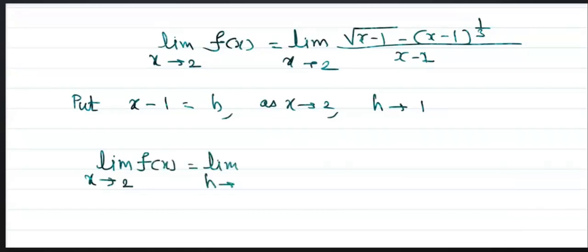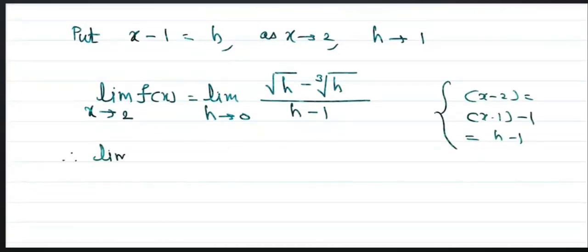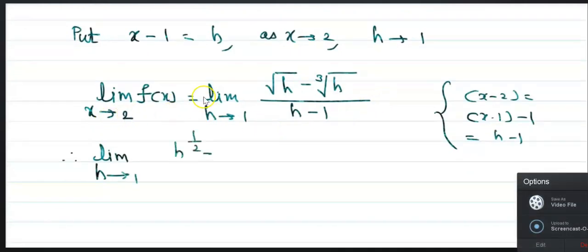Limit x tends to 2, f of x is equal to limit h tends to 1, square root of h minus cubic root of h upon h minus 1.